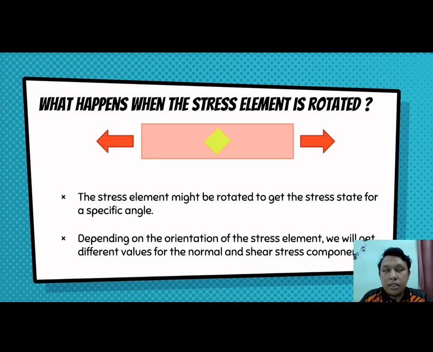To answer the earlier question of what is transformation of stress, when we rotate the stress element, an angle is involved, so any calculation will be using the stress transformation equation. We move on to the next slide.